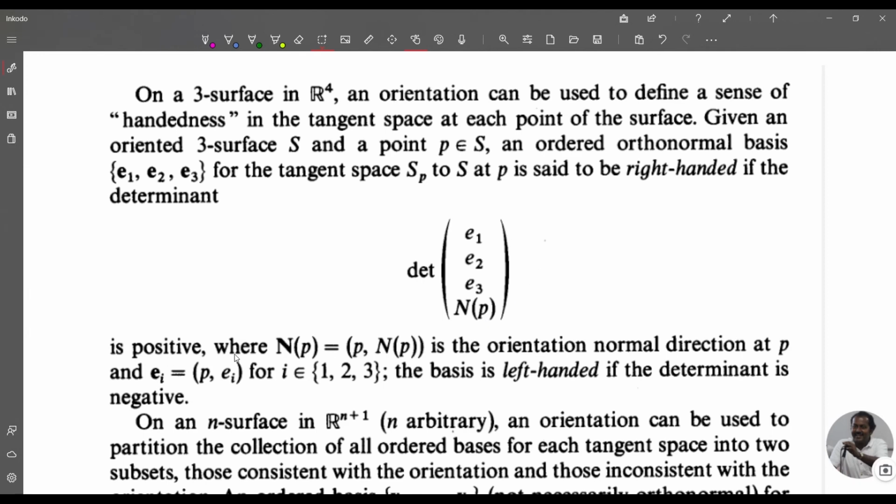So it is right-handed if the determinant of this matrix is positive, where n of P is an orientation normal direction at P, and Ei is P Ei for i equal to 1, 2, 3. The basis is left-handed if the determinant is negative.